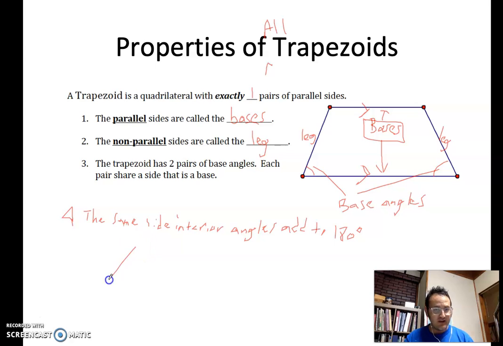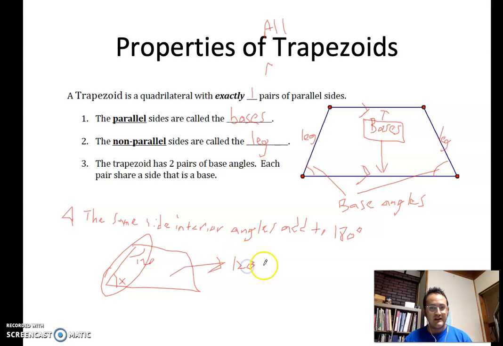So for example here, if this is 120 and this is x, we could then say that 120 plus x equals 180, making x 60 degrees. So that is some of the features of all trapezoids.